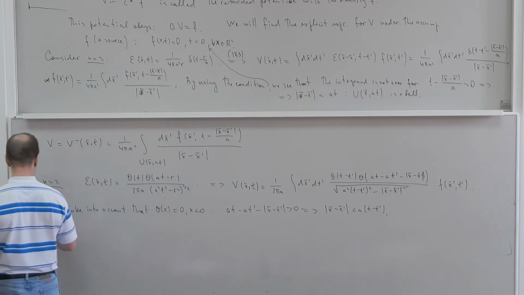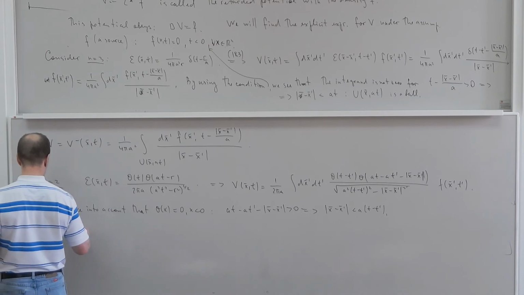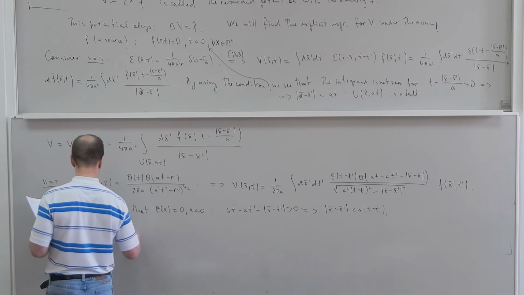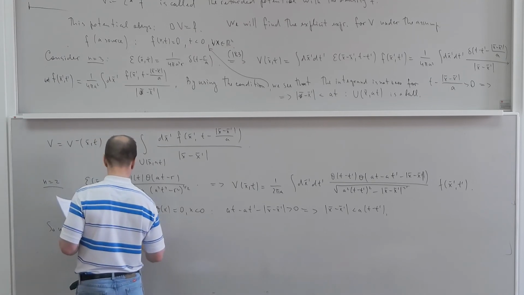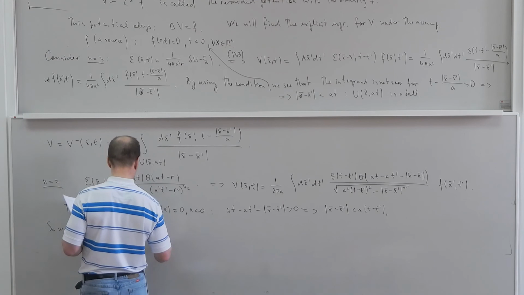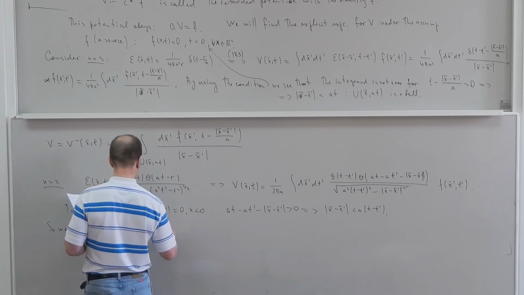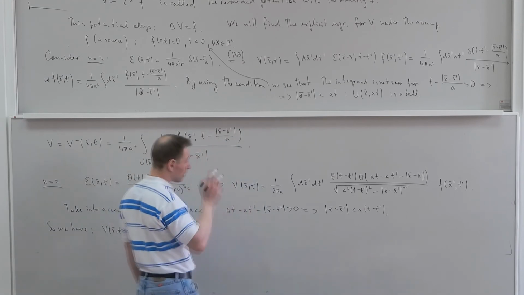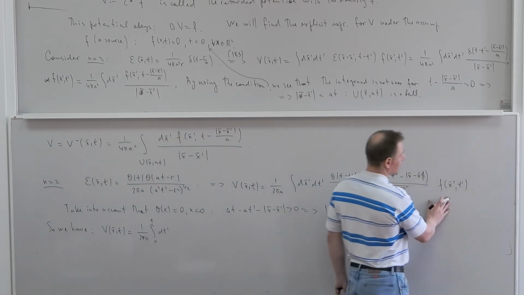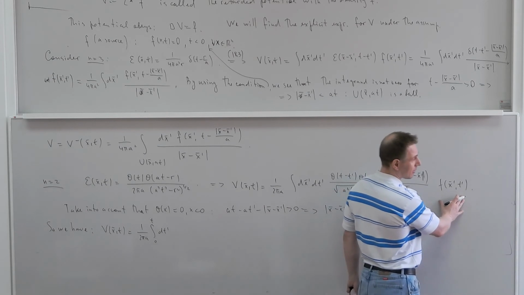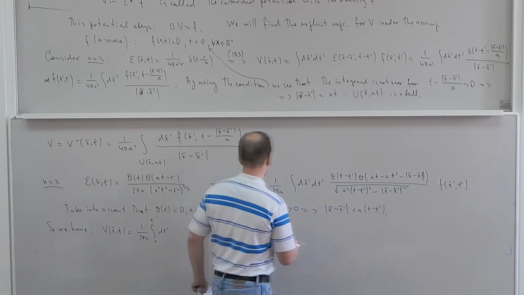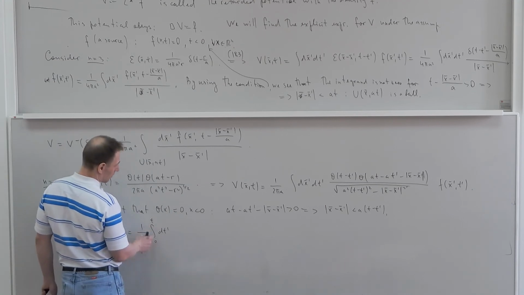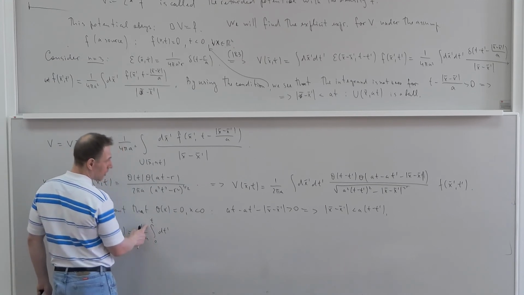So we have this theta function, and the condition that the function f is equal to 0 when t prime is less than 0 results in a change of the limits of integration here.